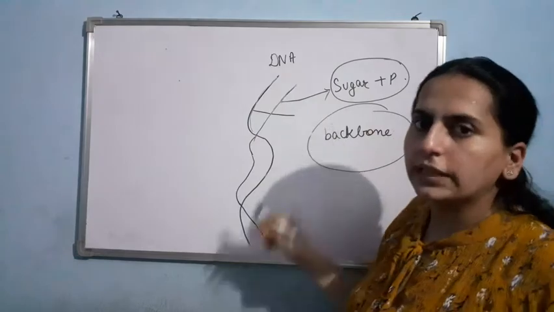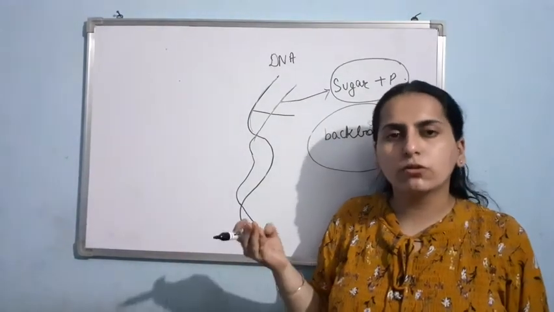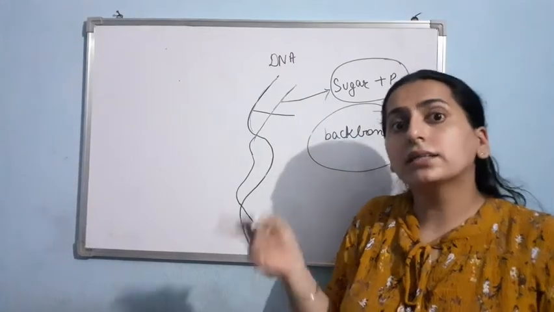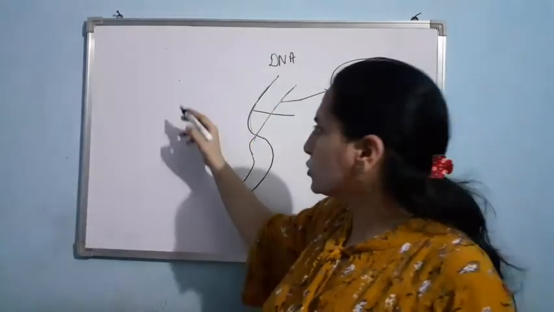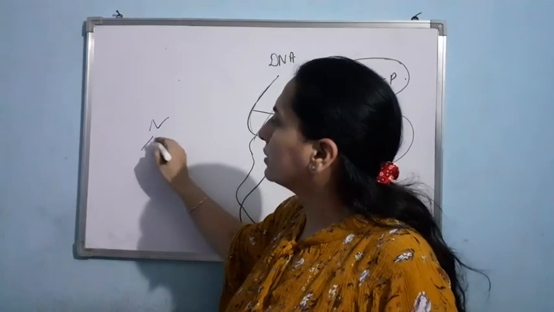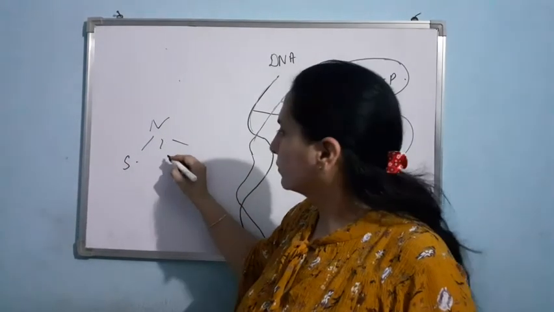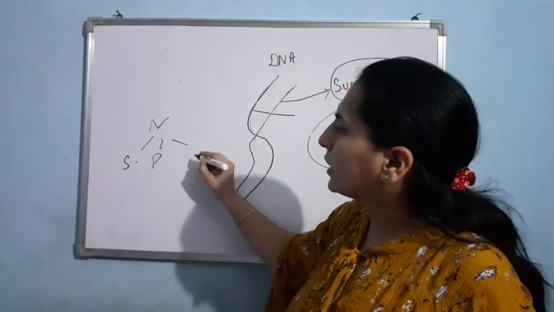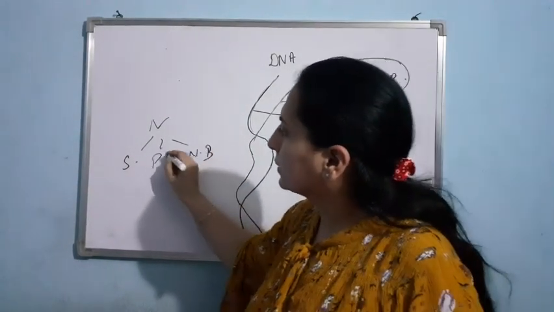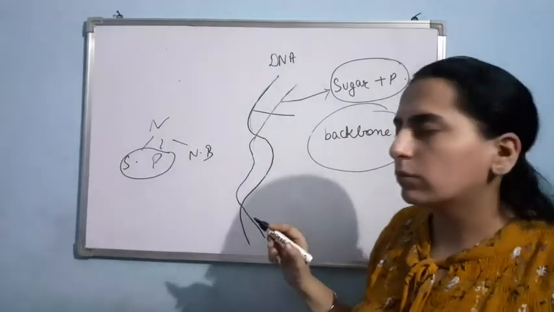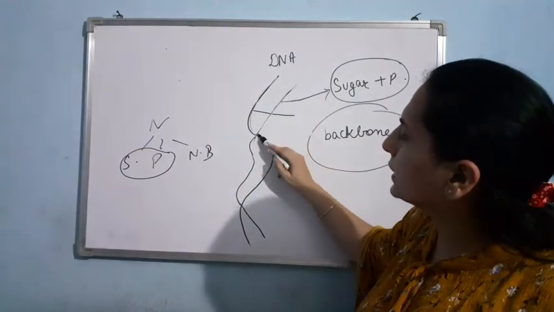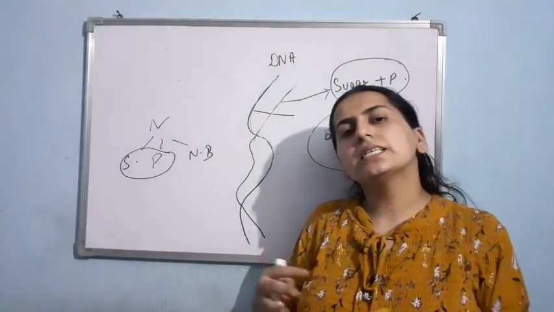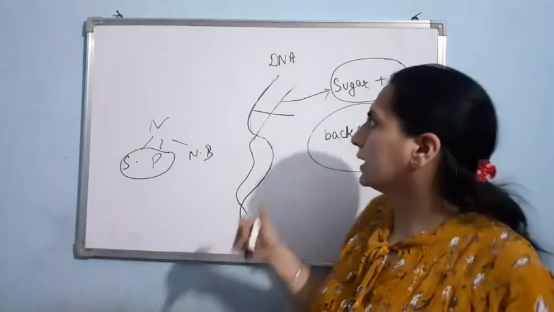The deoxyribose sugar and the phosphate group are known as the backbone of the DNA. While the third thing is the nitrogenous base. Okay. Now, the nitrogenous bases project inwards like this.